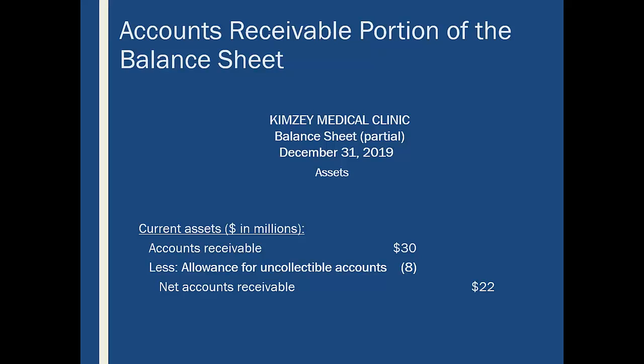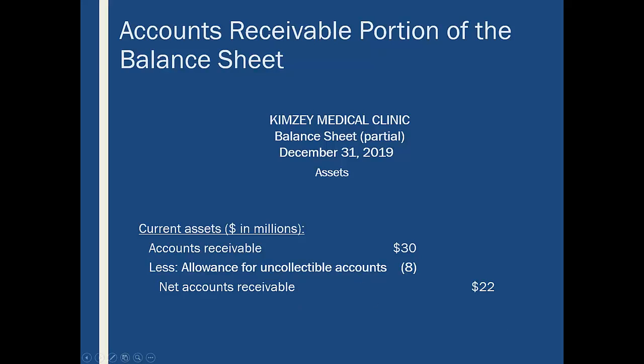It wouldn't be proper for us to say our accounts receivable, we think we're going to get $30 million. No, not really, because we know that not 100% of the customers are actually going to pay. We need to do some of this allowance set aside. It seems kind of silly, but remember, it's just the cost of doing business.